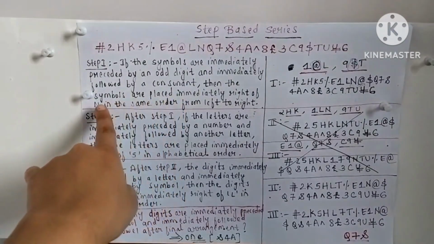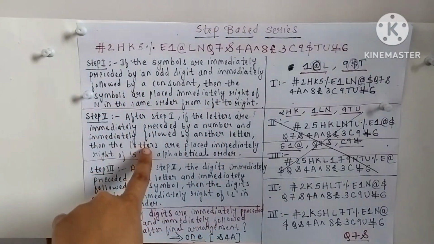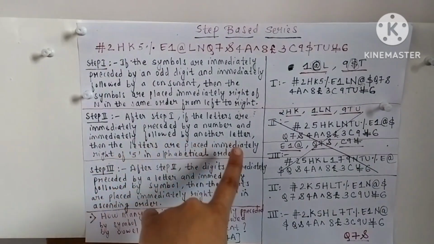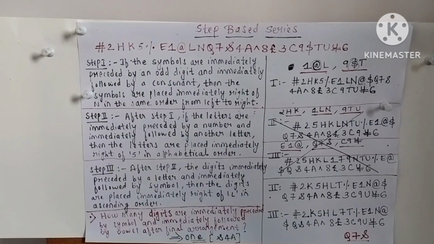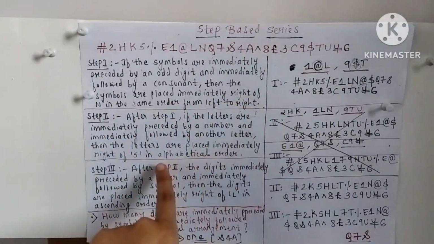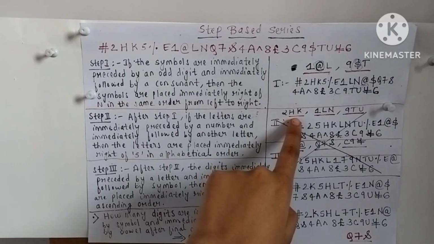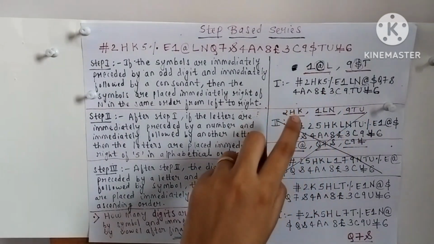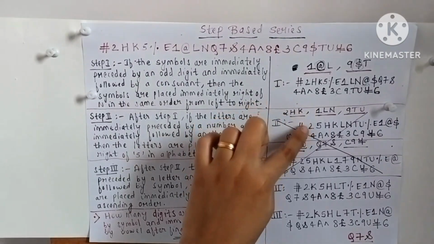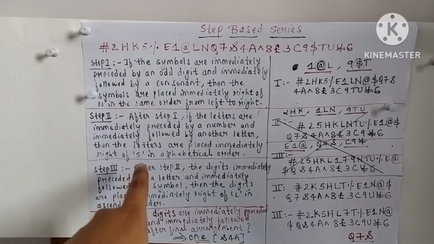Earlier only the symbols were placed, so here only the letters should be placed immediately right of 5 in alphabetical order. So the letters are H, L and T. Because K is also a letter, N is also a letter, U is also a letter, but those can't be applied for this condition.